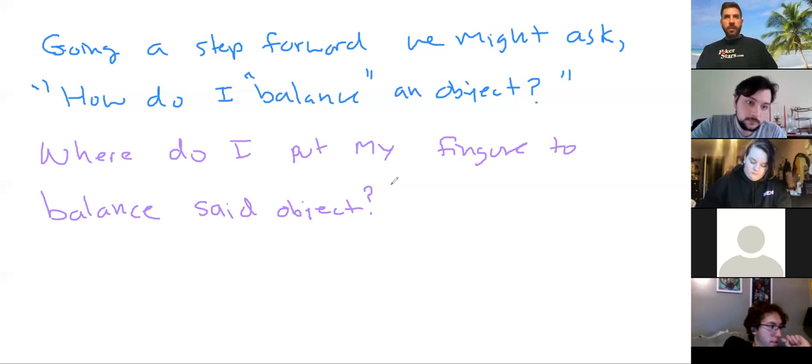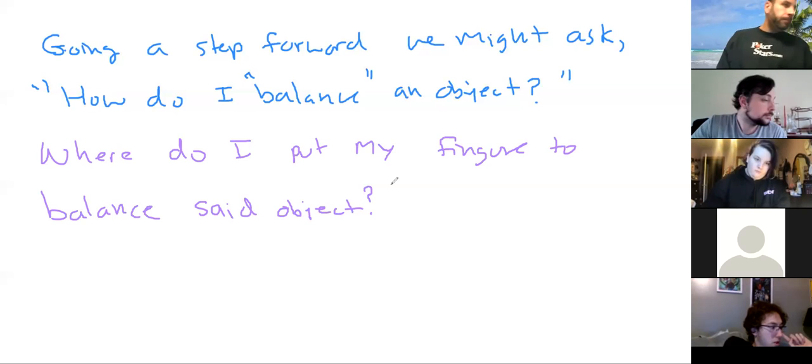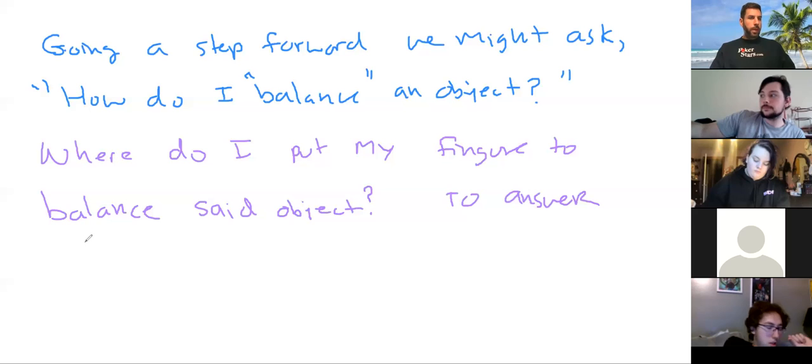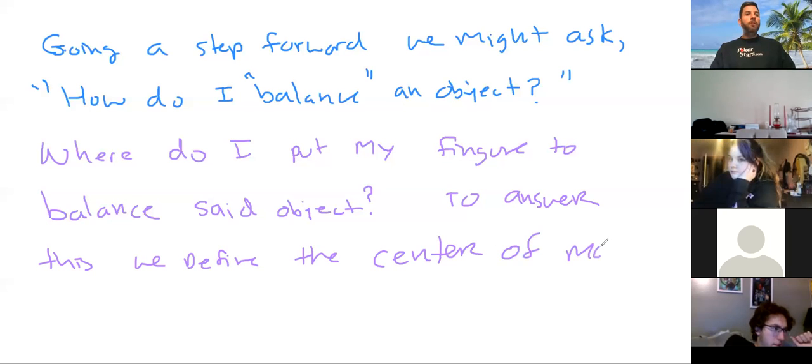And if you want to understand that, you have to start with things like center of gravity, center of mass. And to do that, we have to start with the baby stuff. So what we define is the quote unquote center of mass.